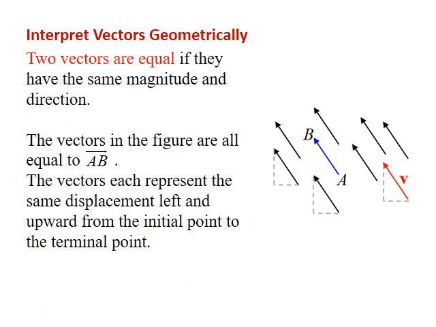Now, when we interpret vectors, two vectors are equal if they have the same magnitude and the same direction. So if we're looking at this vector AB here, then all of these vectors are considered equal because they are the same length and the same direction. So same magnitude, same direction, but the initial point can vary.